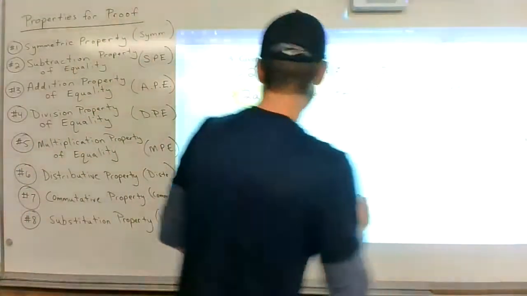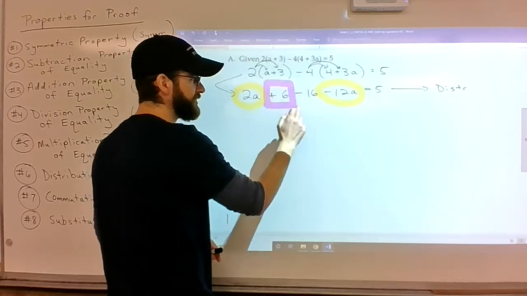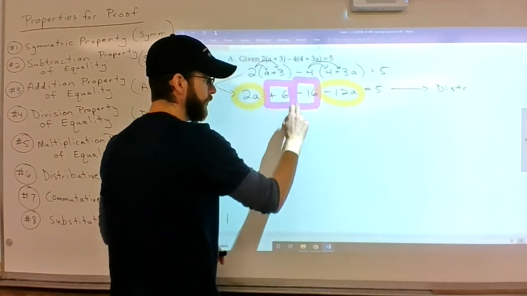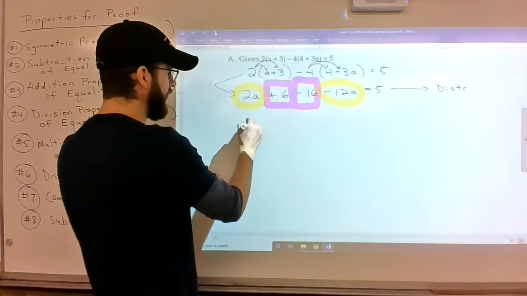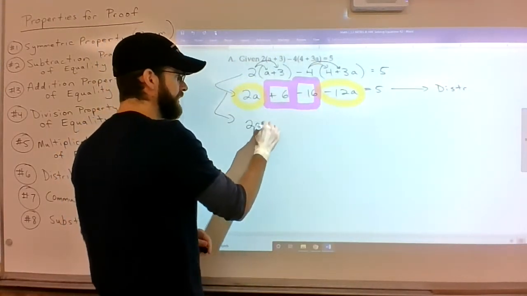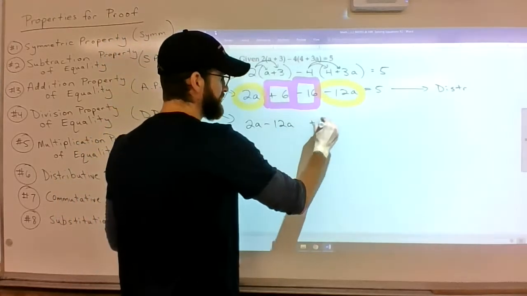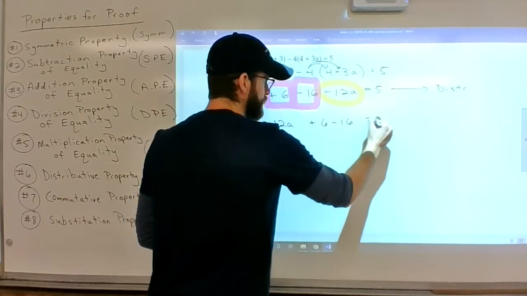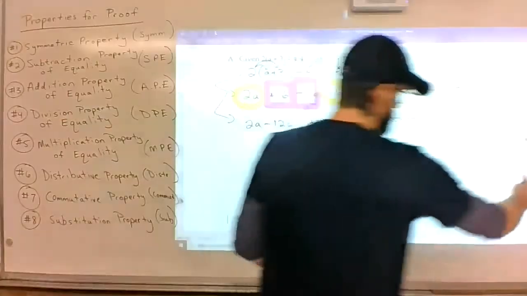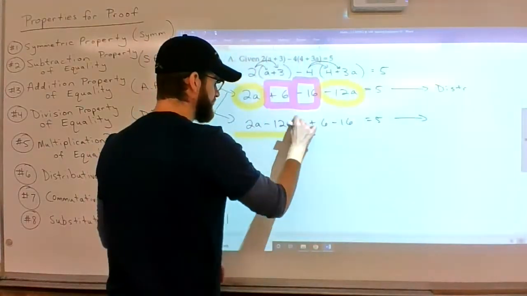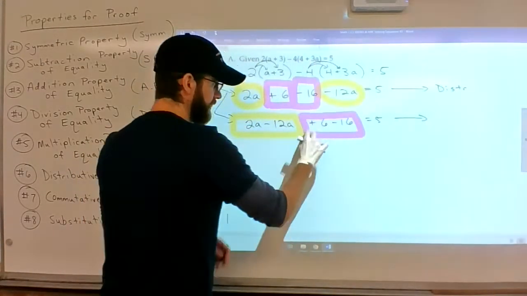And then I want to, well, these are already side by side, but this is what we would do. We'd say we want these two to come together as well. So 2a minus 12a would be the next line. Okay? Plus 6 minus 16 equals 5. That would be the commutative property, getting your like terms side by side. See? We've got our a's together. We've got our constants together.